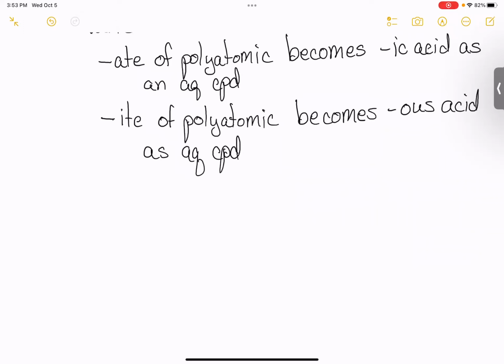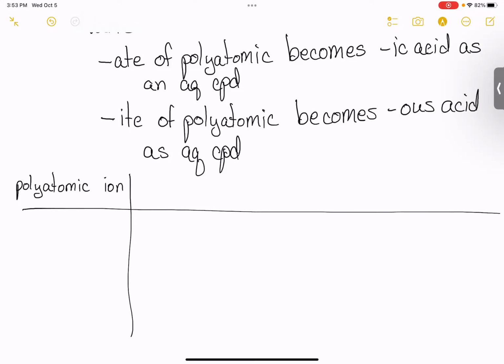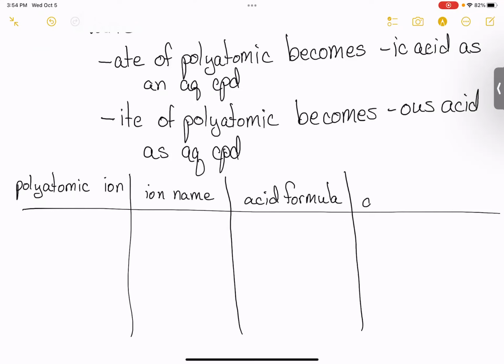So we have our polyatomic ion name, acid formula, acid name.